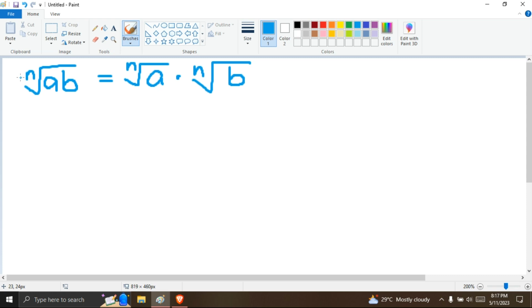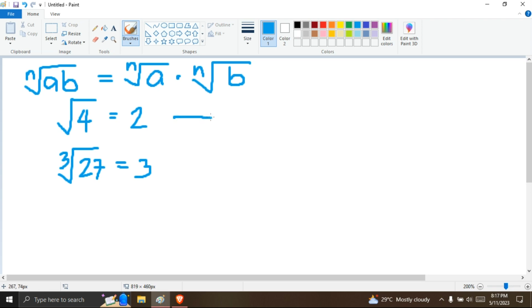So for example, a perfect square root: the square root of 4 is 2, right? For the cube root, let's say the cube root of 27 is equal to 3. So the square root of 4 is 2. If you reverse that, 2 squared is equal to 4, you multiply 2 by itself.